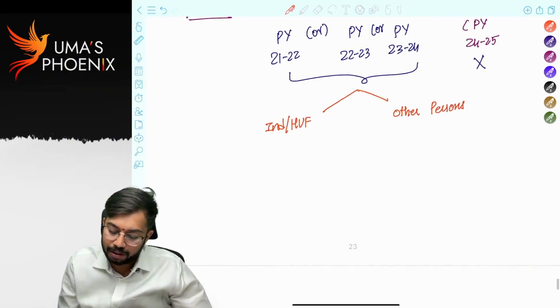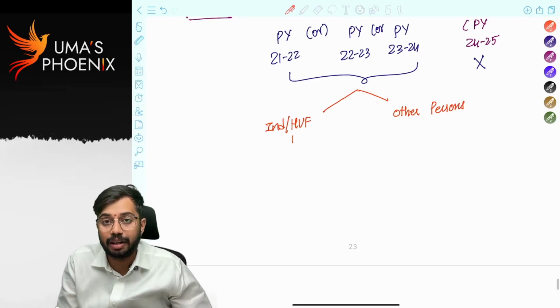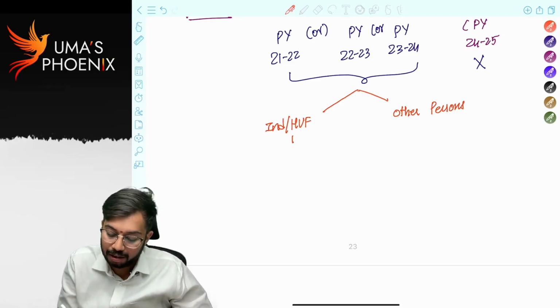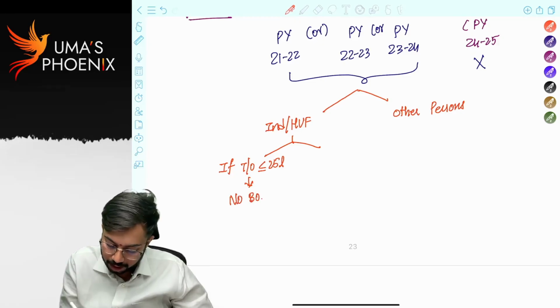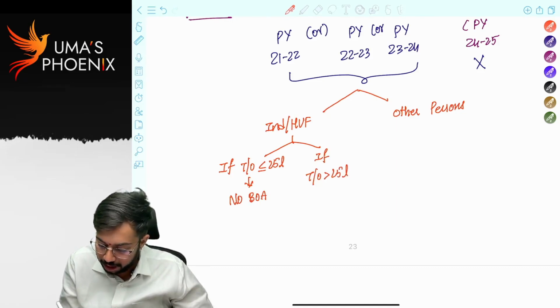In case of individual or HUF, what do you need to consider? If turnover is less than or equal to 25 lakhs, no books of accounts. If turnover is greater than 25 lakhs, then minimum books of accounts are required to be maintained.